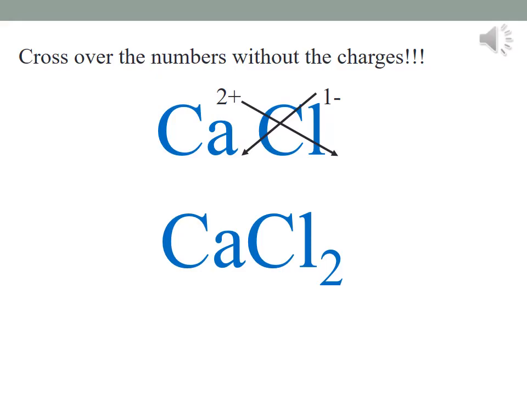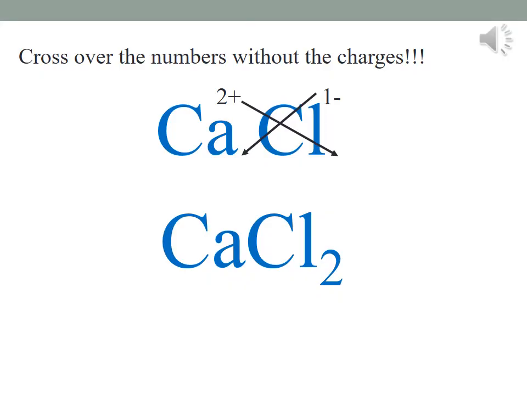We are going to take that calcium and chlorine and crisscross the numbers without their charges. So the 2 from calcium is going to become the subscript on chlorine, and the 1 from chlorine is going to become the subscript on calcium. We don't write the 1 with the calcium though, because as long as the Ca is there, we know there's at least 1.